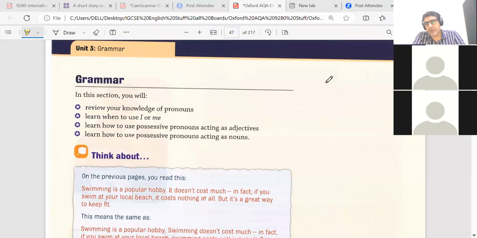So write to explain. This is the title, write to explain. And if time allows us, we have a reading practice based on fiction reading.